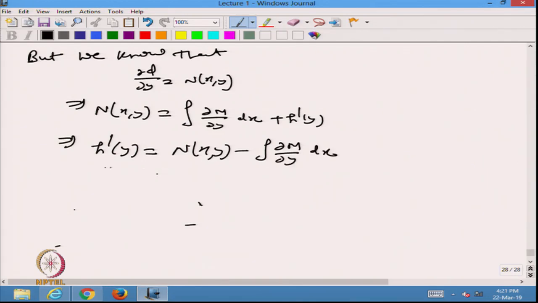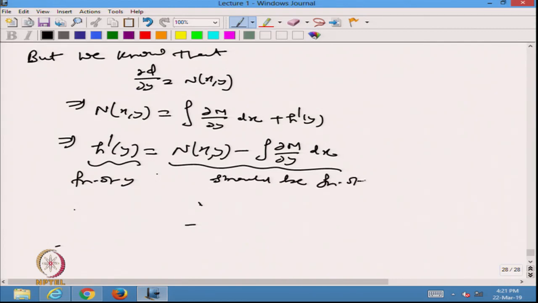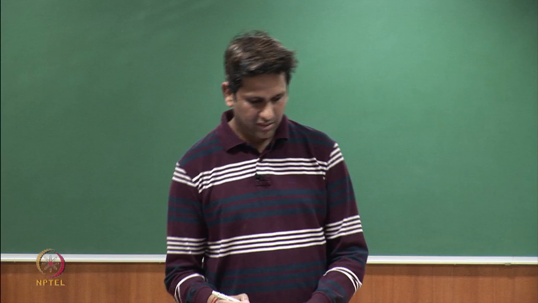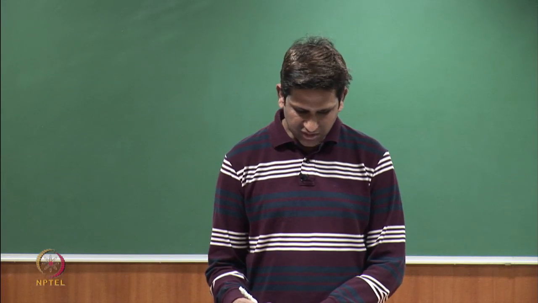Now, this is a function of y, sorry, and the right hand side should also be a function of y, because we have a function of y on the left hand side.